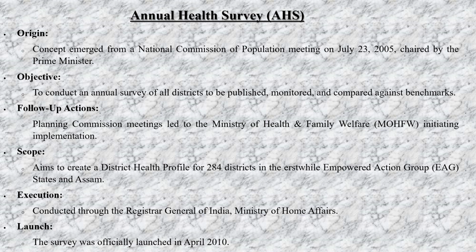Planning Commission meetings led to the Ministry of Health and Family Welfare, MOHFW, initiating implementation. Scope: aims to create a district health profile for 284 districts in the erstwhile Empowered Action Group, e.g., states and Assam. Execution: conducted through the Registrar General of India, Ministry of Home Affairs. Launch: the survey was officially launched in April 2010.